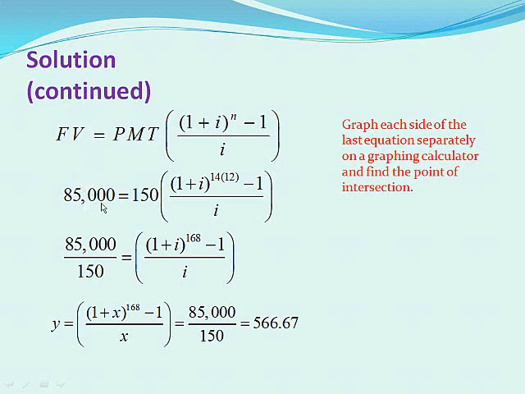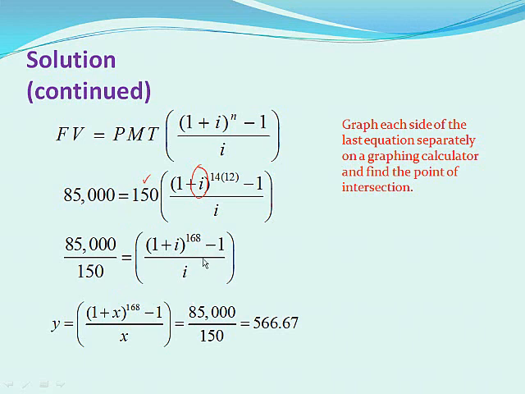Future value is $85,000. Payment is known, which is $150. The only unknown in this problem is the interest rate i per period, so we keep it as a variable. When we simplify this further, we will get 85,000 over 150 equals (1 plus i)^168 minus 1, over i.